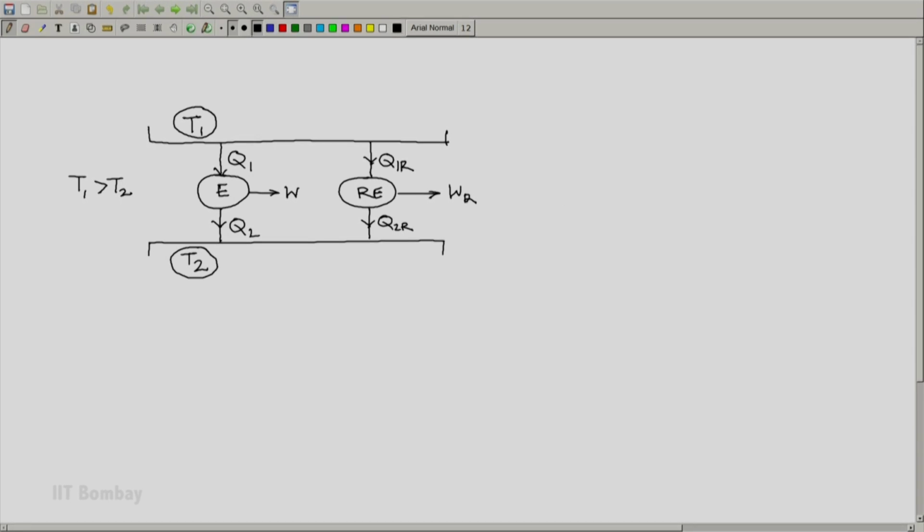What we are going to do is note that this is a reversible engine. So I am able to run it as a refrigerator as well as an engine.